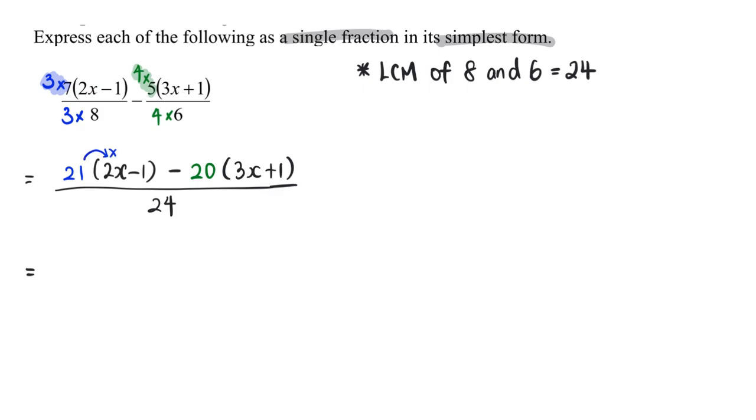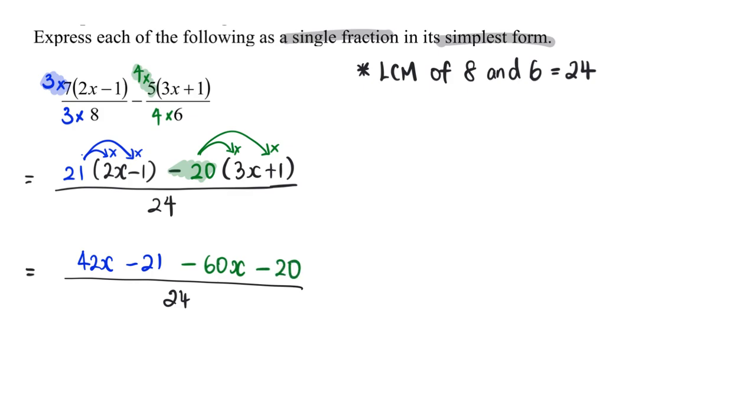Then we can continue to expand and simplify the numerator. This will be 42x. This will be negative 21. Again, this is negative 20 multiplied by 3x, negative 60x.